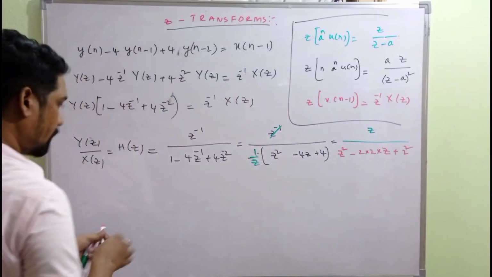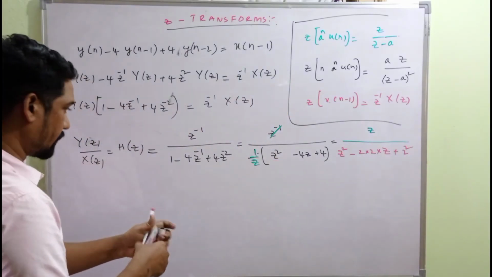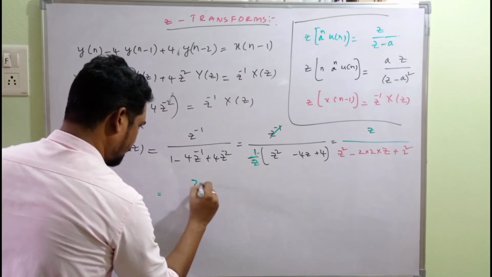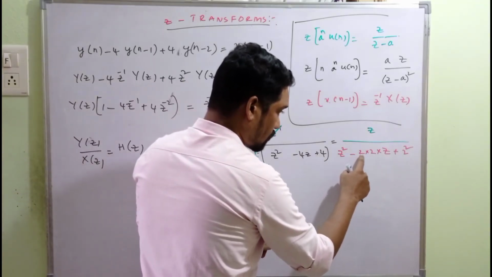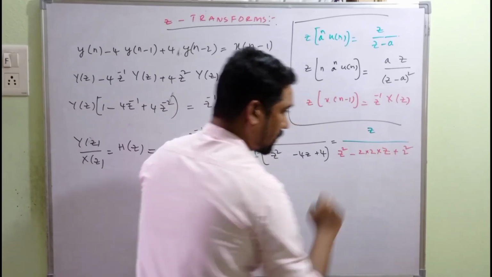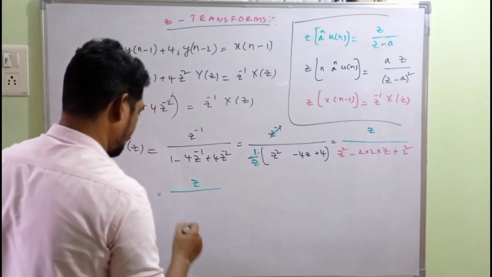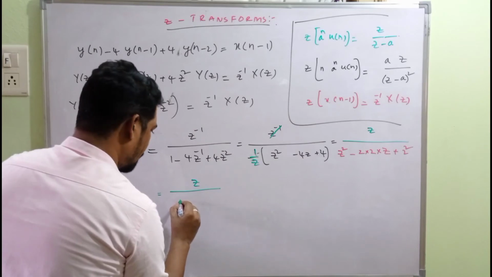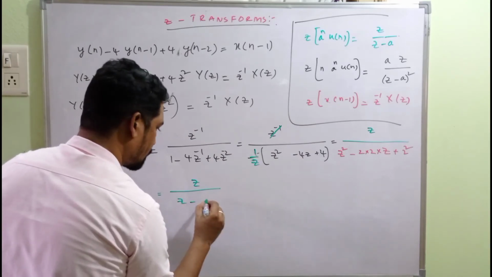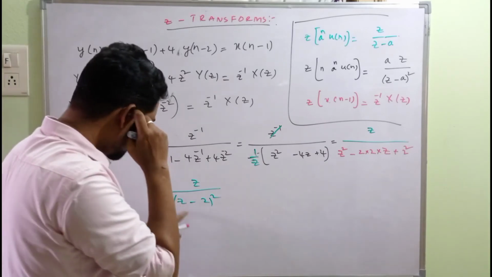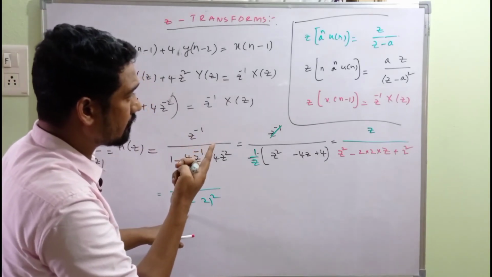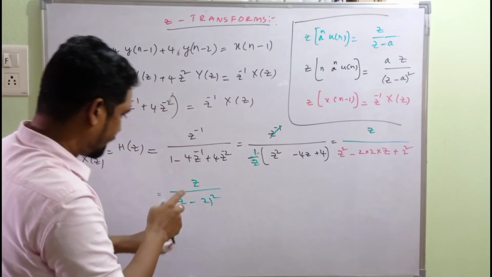So how can that be reduced? It's a square minus 2ab plus b square, which is a minus b whole square, right? So here a minus b, a is our z, minus 2 whole square. Match this equation to the standard form, but we still need something else.